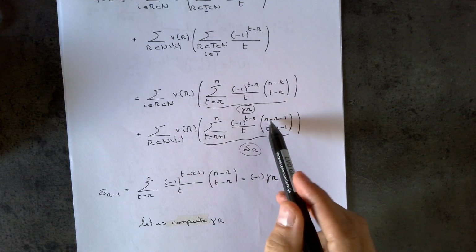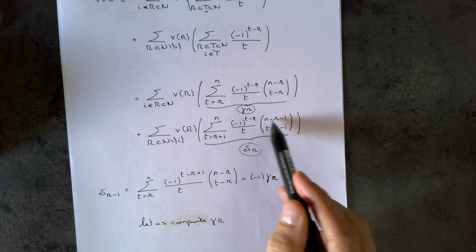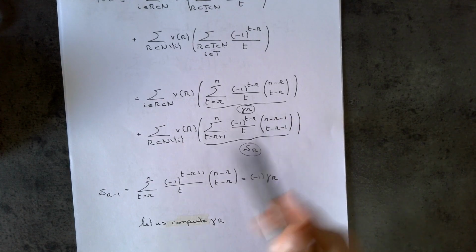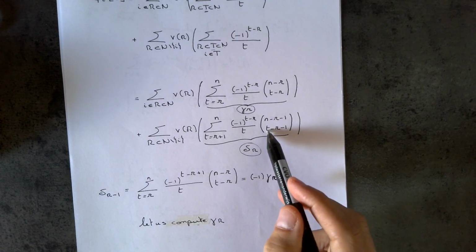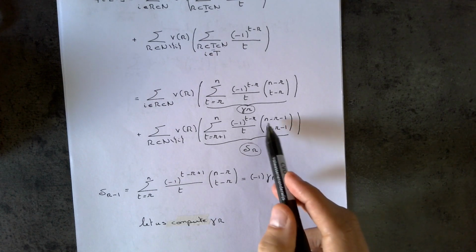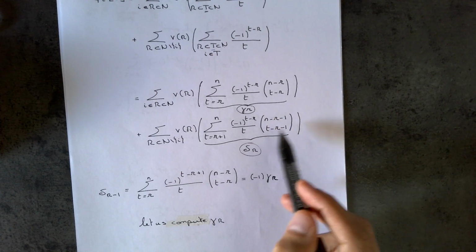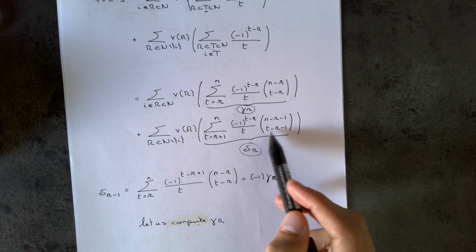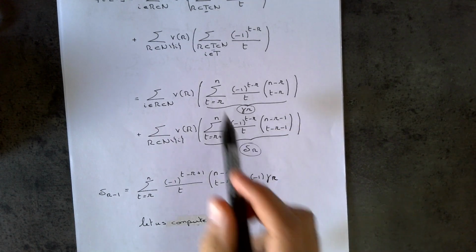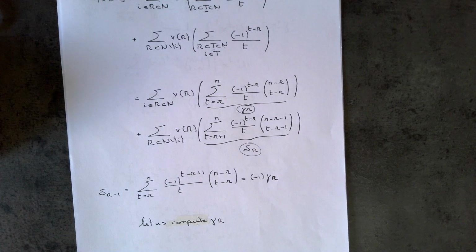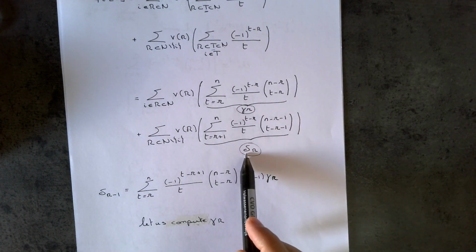And how many elements can I choose from? I can choose from n minus r minus 1, because i is fixed. And how many do I need to choose? I need to choose t minus r minus 1, because again, i has to be included anyway. I'm going to call this coefficient delta_R.